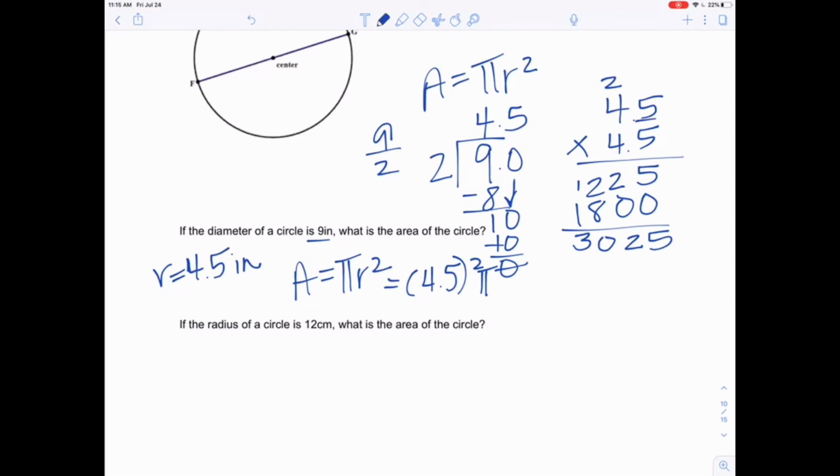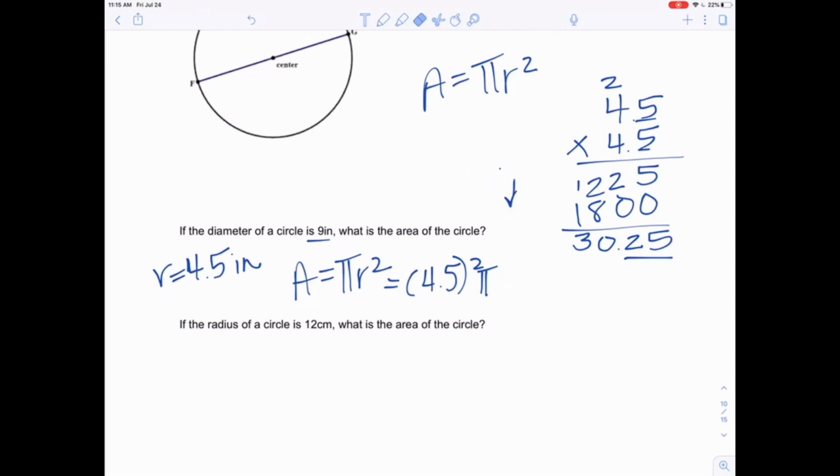There are 2 numbers behind the decimal point in my question, so there will be 2 numbers behind the decimal point in my answer. So let me erase this so I can have some space here. Okay, there we go. So now I get area equals 30.25, because that's 4.5 squared, pi. And that's it.